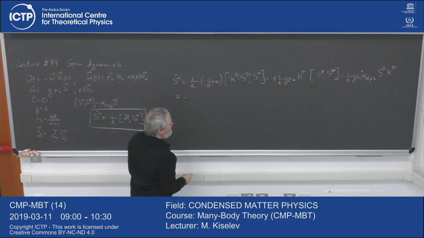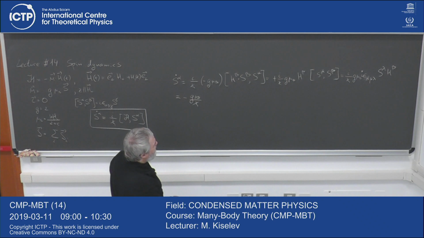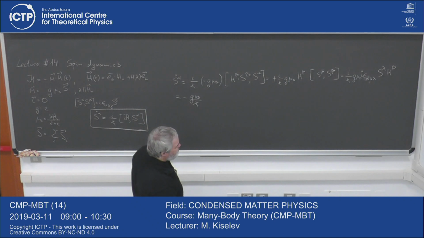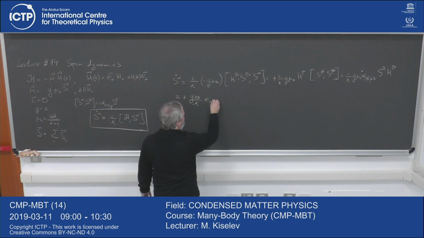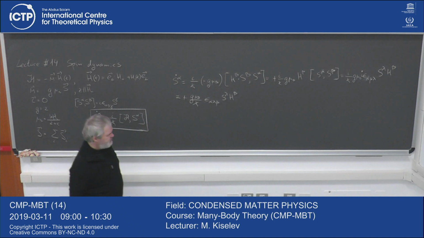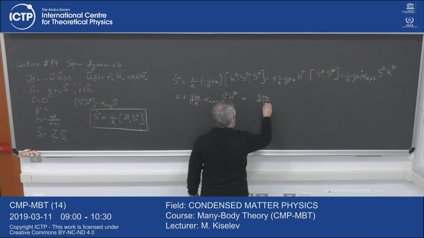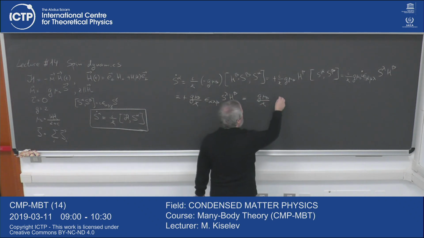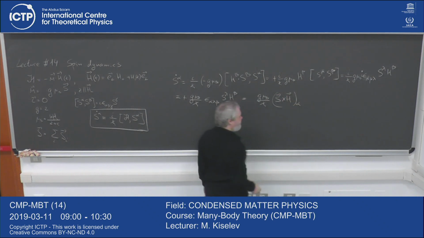This is minus g μ_B over ħ. And again, I will interchange indices λ and β, put plus epsilon_αλβ S_λ H_β, and this is nothing but a vector product. So this is g μ_B over ħ, S times H, component α.